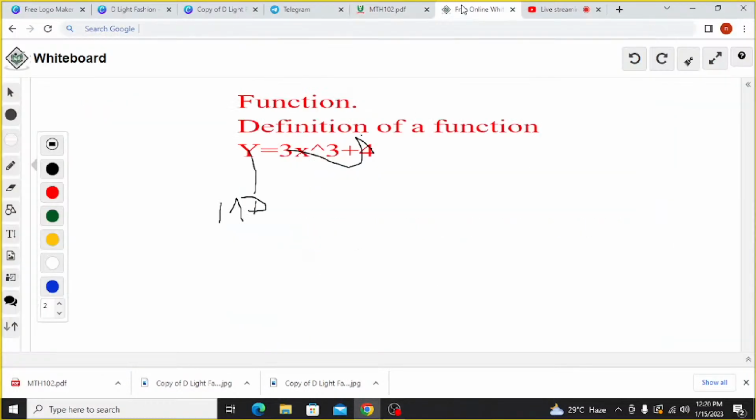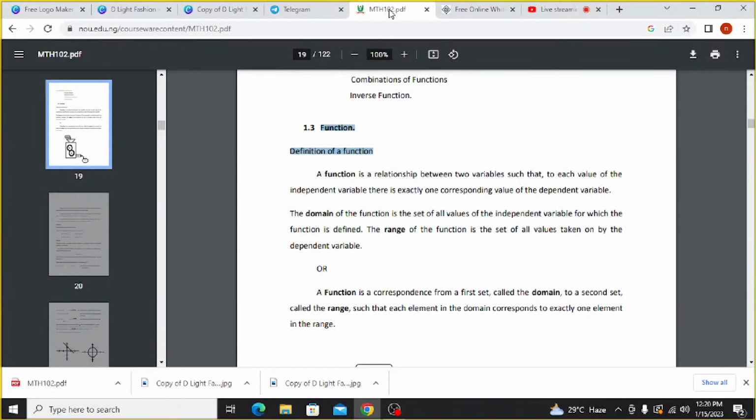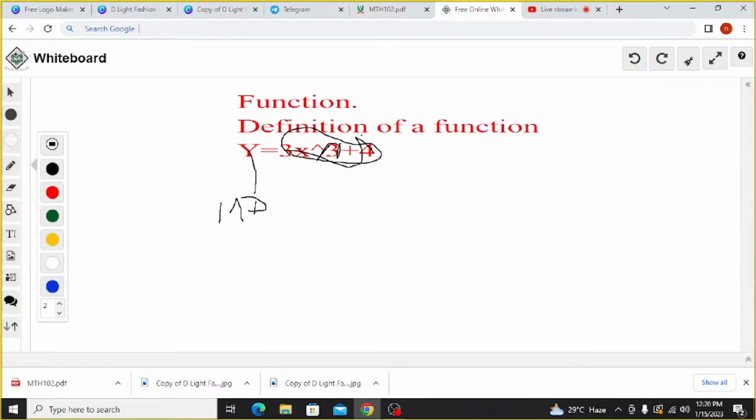So in the example, all these independent values we call the domain.